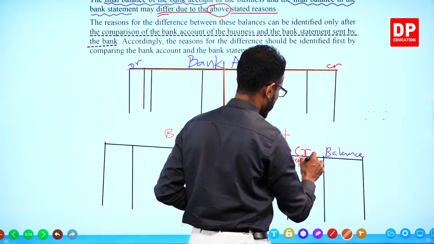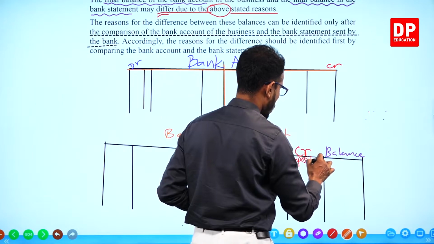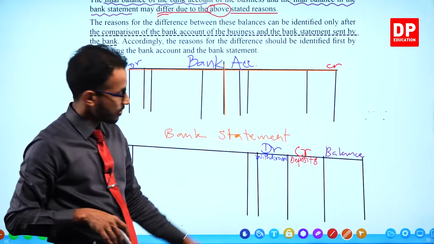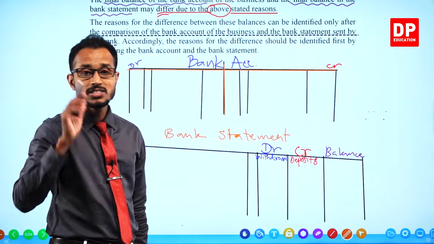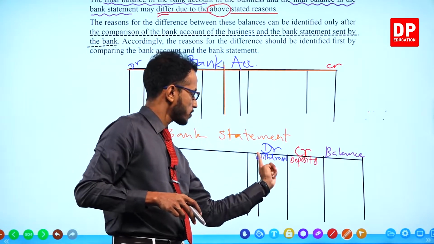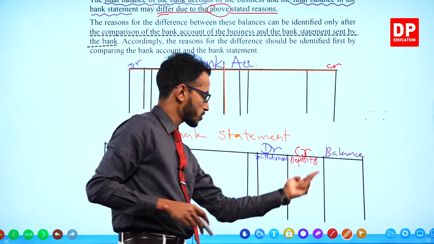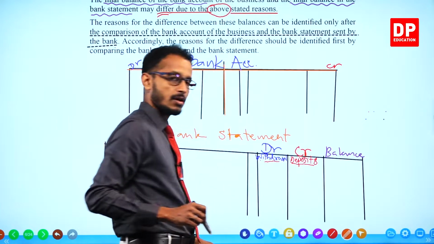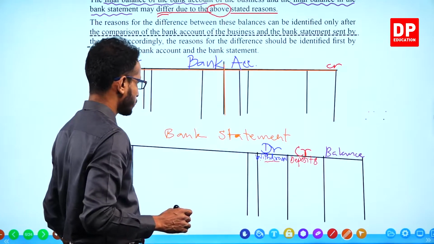Sometimes in the bank statement that you get, you will not get debit and credit printed. But you must know debit side is for withdrawals, credit side is for deposits. Okay?